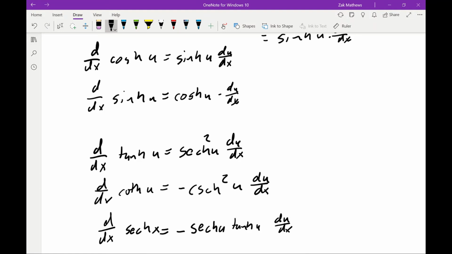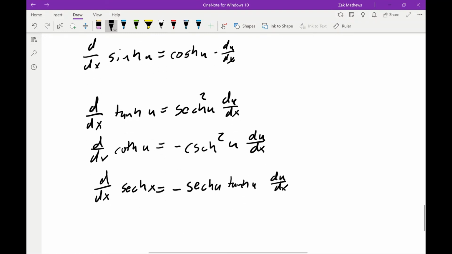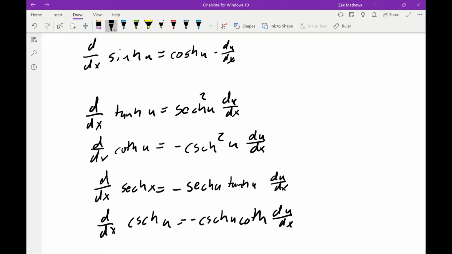So that one's a touch different again, because the derivative of secant usually is a positive secant tangent. Here we have a negative. And then the derivative of the cosech function is equal to negative cosech coth, du dx. So this one is actually the same as it was with our original trig functions.